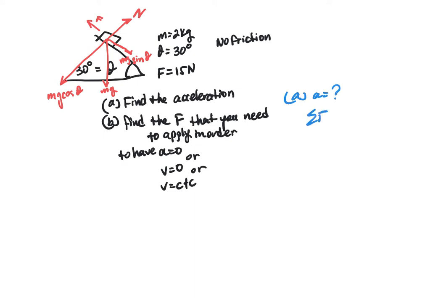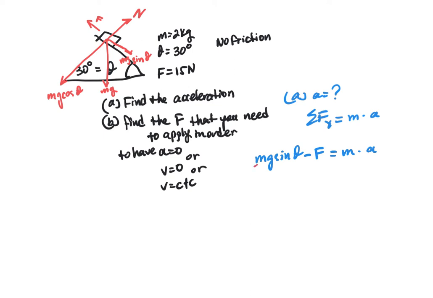So let's use the formula. F of x is m times acceleration. All right, so moving on, if we also take consideration of the sign, because being pushed on, the force is going to be mg sine of theta minus, not positive but negative, the force equals m times a.